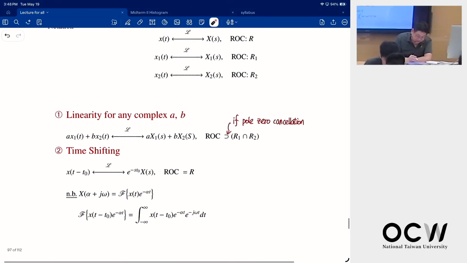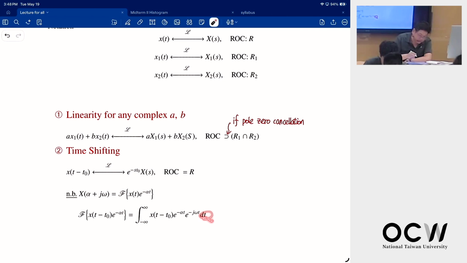We can see why. Okay, now I have alpha, I should change to sigma. So what is the Fourier transform of x of alpha plus j omega? That's the signal times e to the minus alpha t. Right. So now let's see, if I shift by t naught and then do the Fourier transform, I would change the variable. t becomes t minus t naught.